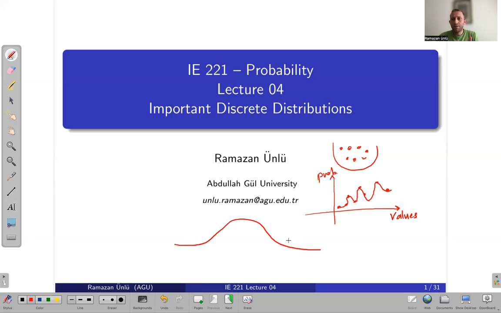That means if I'm sure that those samples create some special shape, I can use formulations that have been found, and use them for specific tasks. For example, the mean or the variance, I can easily calculate. So that's why distributions are important.